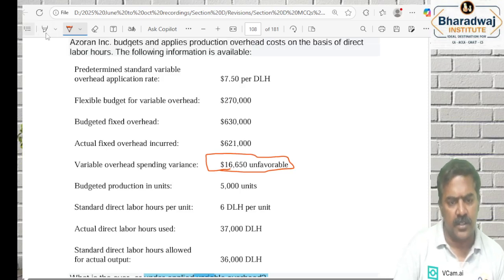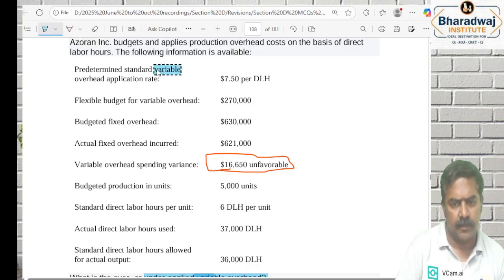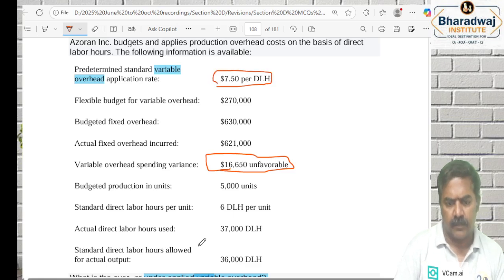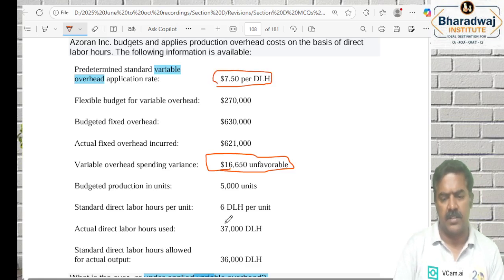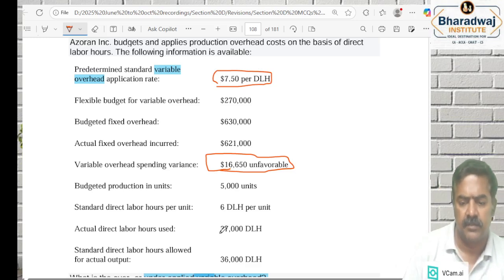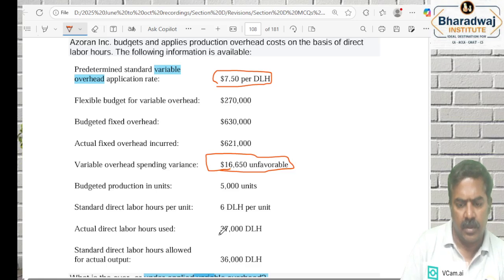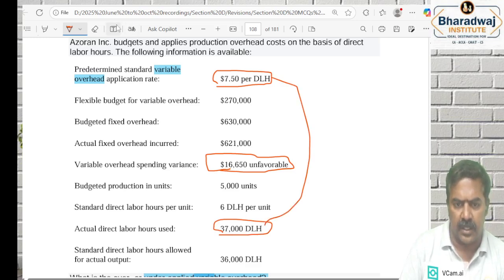Is this total overheads or variable overheads? Variable. Variable overhead application rate is given as 7.5. Efficiency variance is not given. So how much? 37,000 into 7.5, you apply. Standard labor cost, you have to subtract.